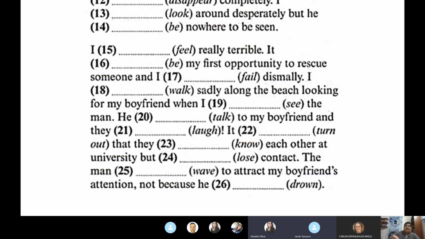Listen, that is totally wrong, okay? Dismally. It means not bad, very bad. Dismally. And I had failed dismally.